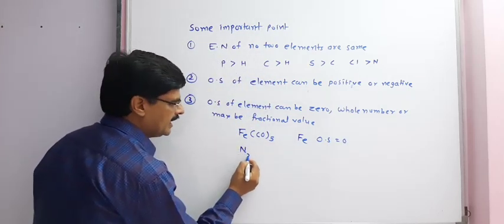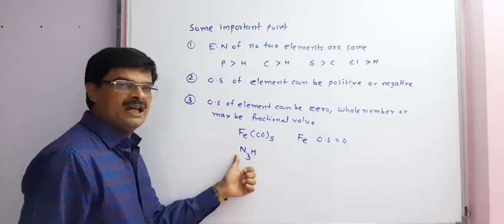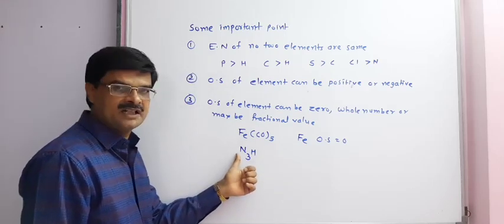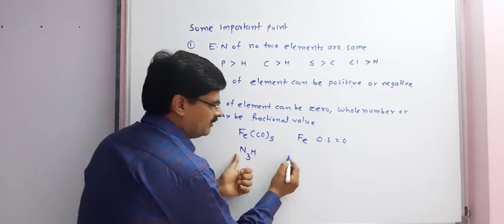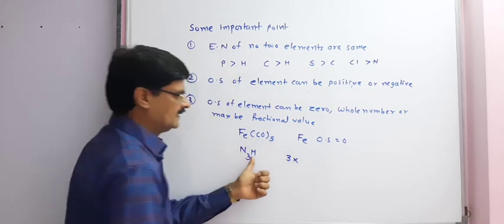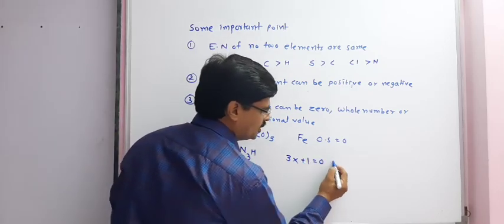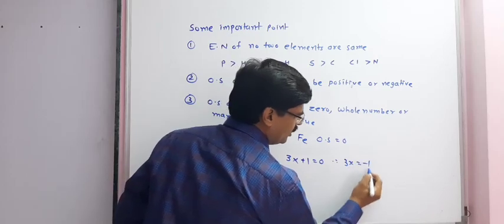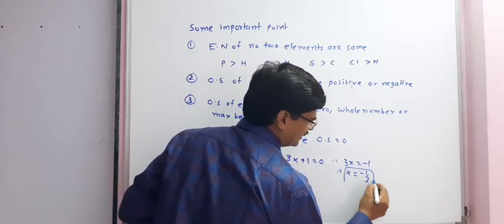In N3H, if we have to find out the oxidation state of nitrogen, say x, we have 3 nitrogen atoms, 3x. Hydrogen is plus 1, so 3x plus 1 is equal to 0, 3x is equal to minus 1, we will get x is equal to minus 1 by 3.